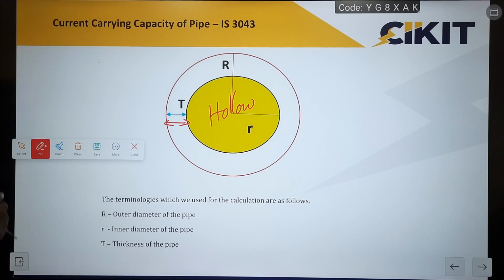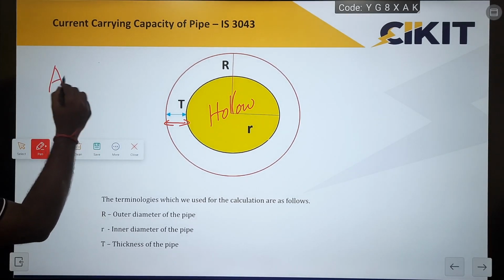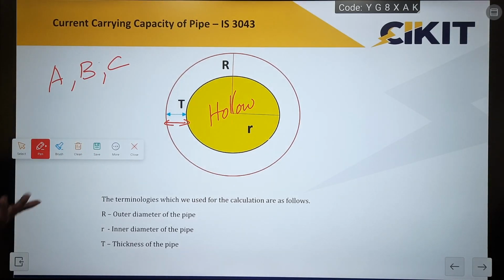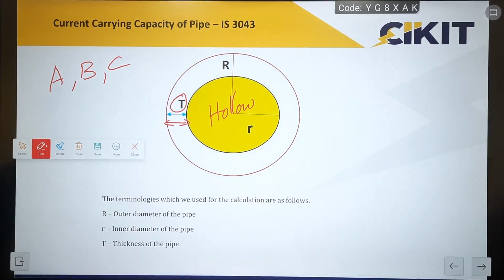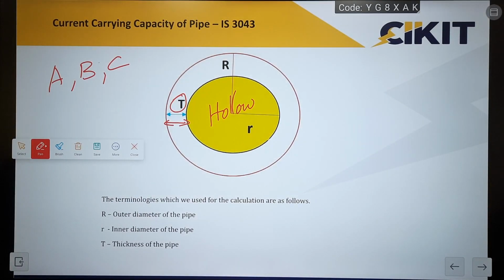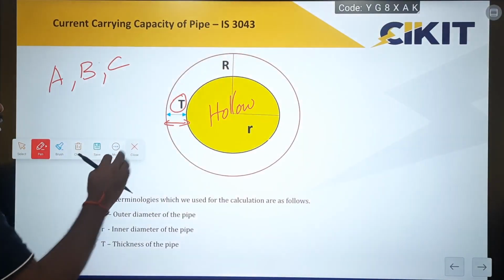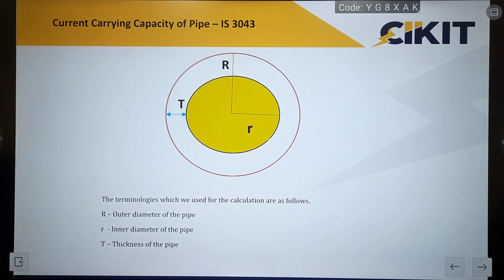But if you take this pipe, we cannot go for the generalized method because there are three different classes: class A, class B, and class C, depending upon the thickness of the material. For class A, the thickness will be lower, and for class C the thickness will be higher. If the thickness is higher, current carrying capacity will be higher. So for 48 mm as an example, we cannot generally provide a current carrying capacity for 48.